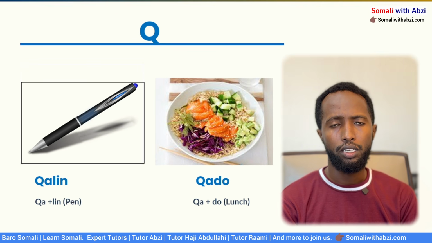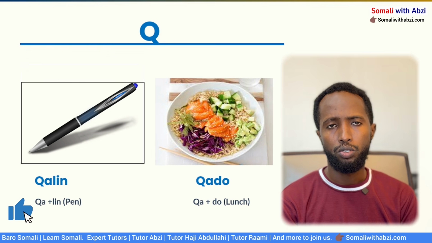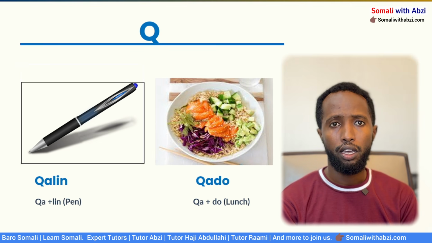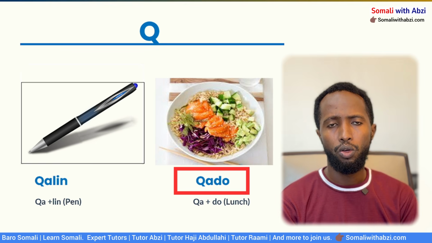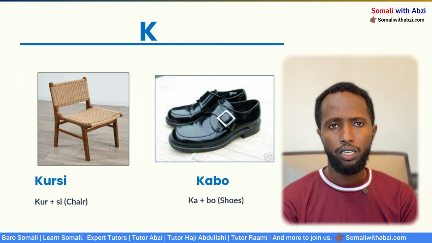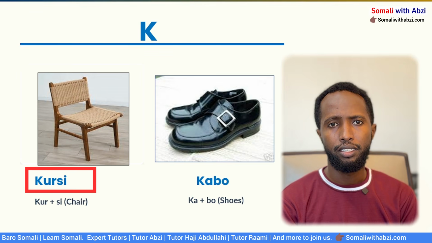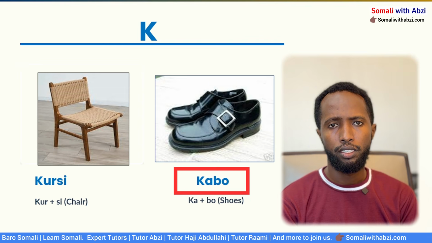I think this letter is very special for Somali and also Arabic, and it's not easy to pronounce for English speakers. Qa, like qalin, qalin, qado, qado. And the next letter is ka, and we have got kursi, kursi. Also we have kabo, kabo.